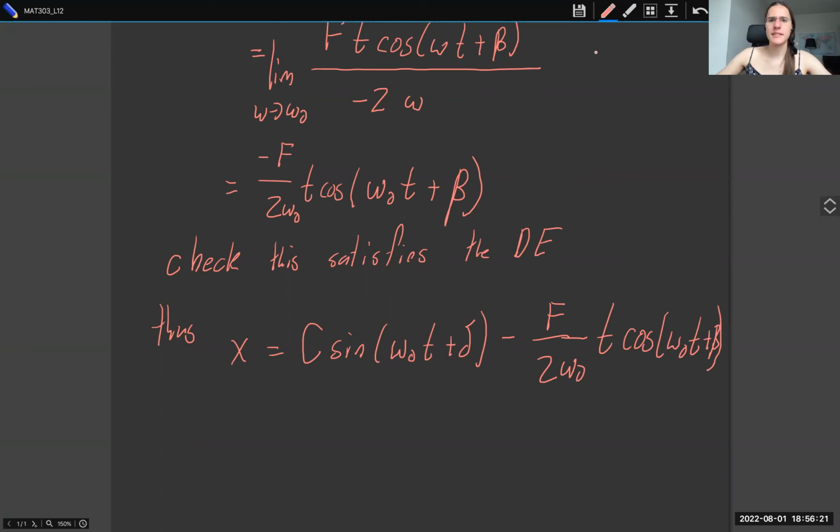And so what happens is that this term is going to range between negative c and c.